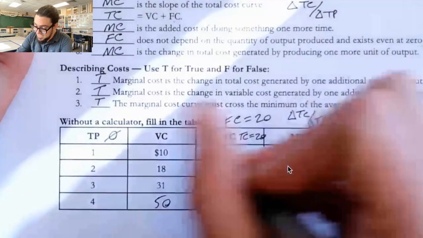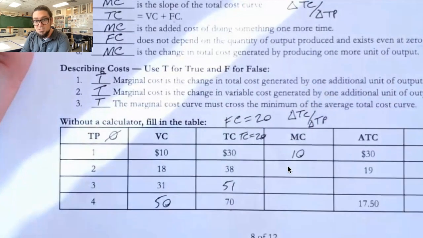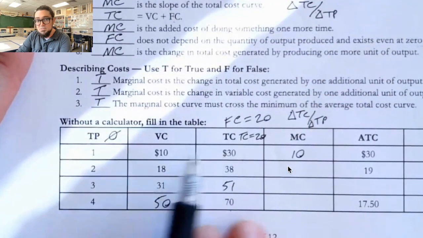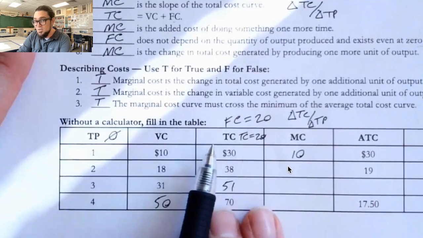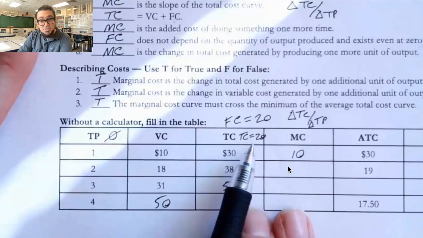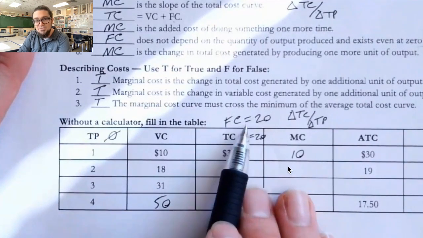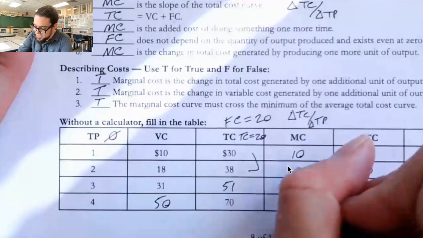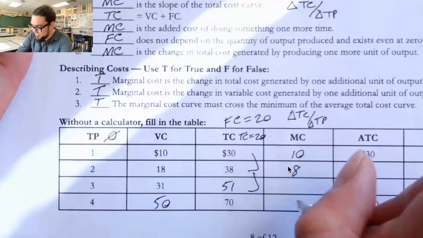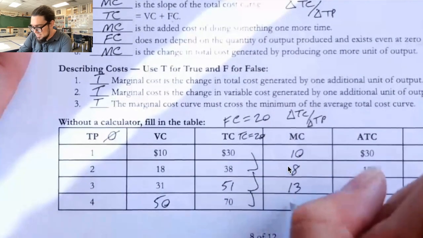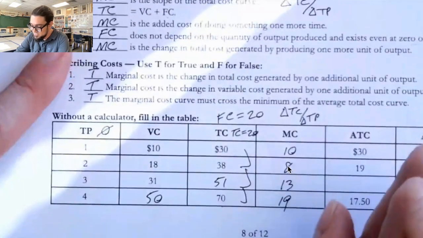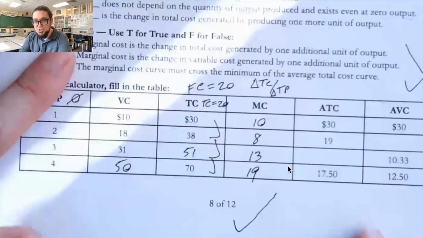And so 10 divided by 1 is $10. Again, it's not going to be 30 because we're going from 0 to 1. The cost at unit 0 is actually $20. That's our $20 fixed cost. Here we've got another change, 8, and this one 13, and then last but not least 19. So it actually also does one of those as well, little J shapes.